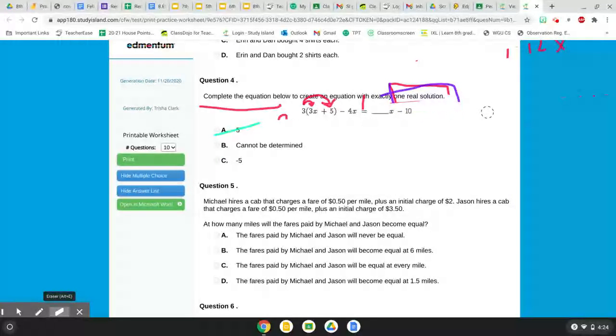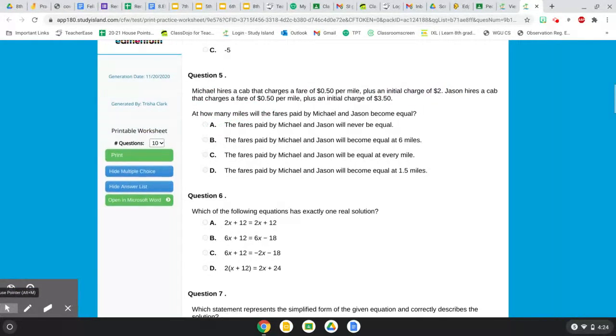We'll go ahead and look at number 5. Michael hires a cab that charges a fare. Again, read this first and then start figuring out how to do this. So Michael hires a cab, it charges a fare of 50 cents per mile plus an initial charge.